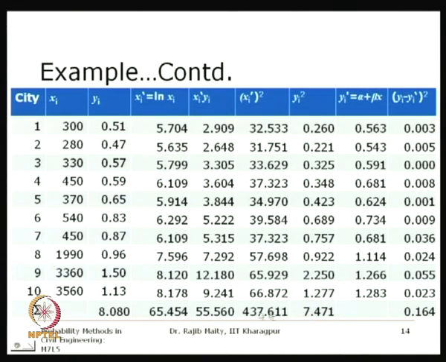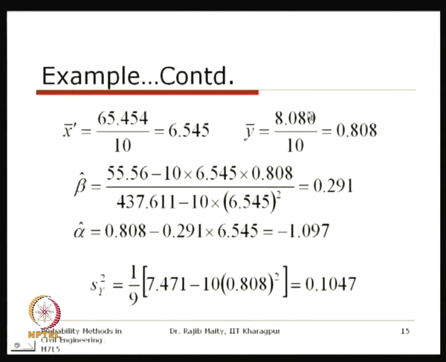With the help of this information, the summation of xi prime yi, summation of xi prime square, summation of yi square, we can get the mean of x prime, which is 6.545, and y bar is 0.808.